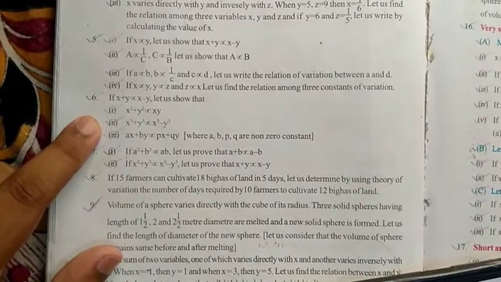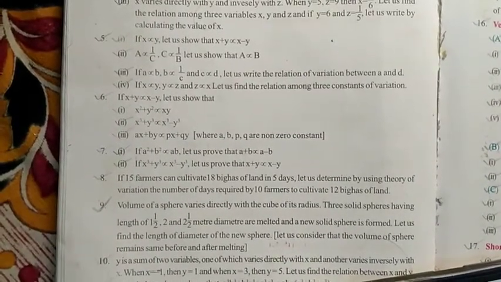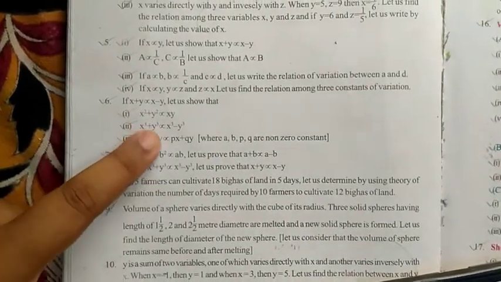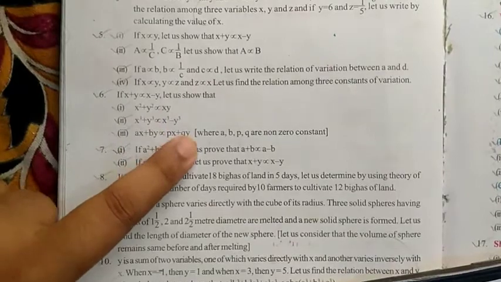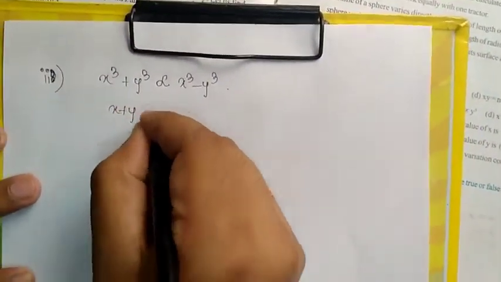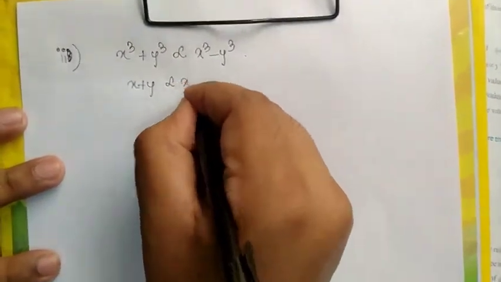This is sum number 6 part 2. Same question, x plus y is in direct variation with x minus y. Let us show that x cube plus y cube is in direct variation with x cube minus y cube. Now x plus y varies directly as x minus y.